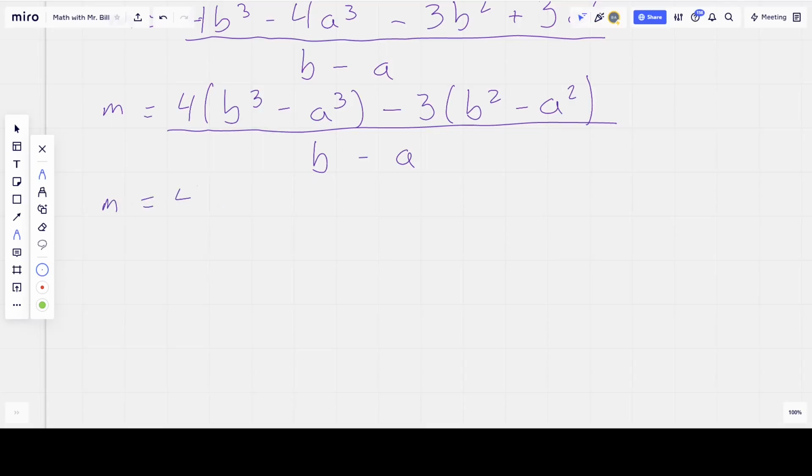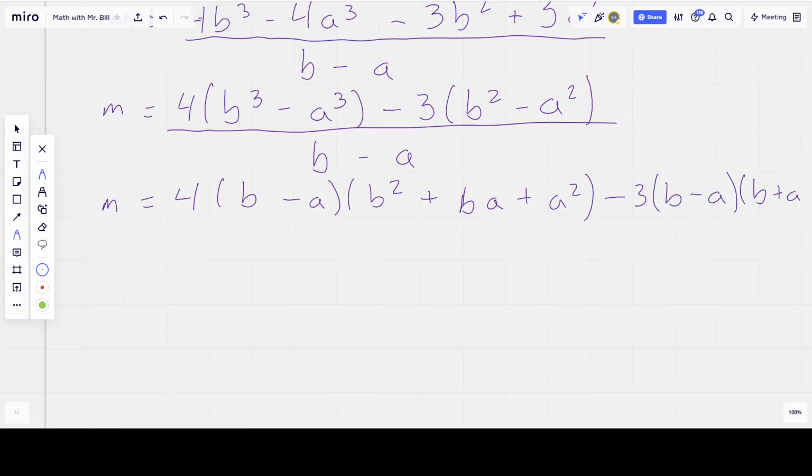But it's definitely something you want to memorize, definitely something you want to have in your toolbox. So we get 4 times b minus a times b squared plus ba plus a squared minus 3 times b minus a times b plus a, since the difference of squares should be a lot more familiar to you since it gets used a whole lot more, all over b minus a.